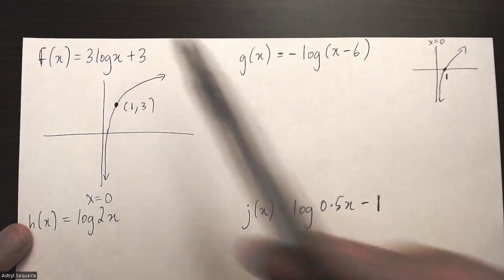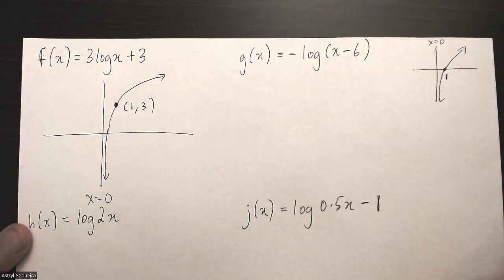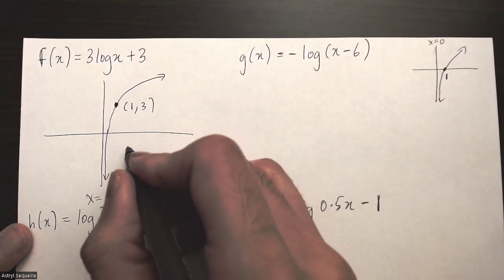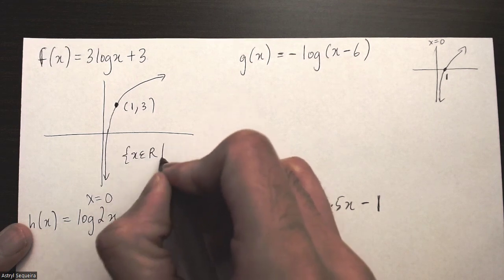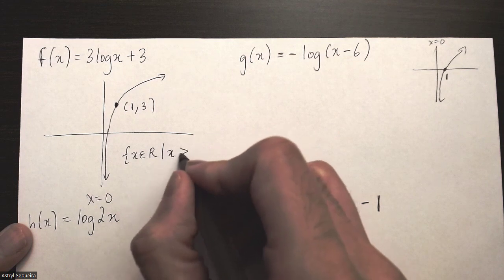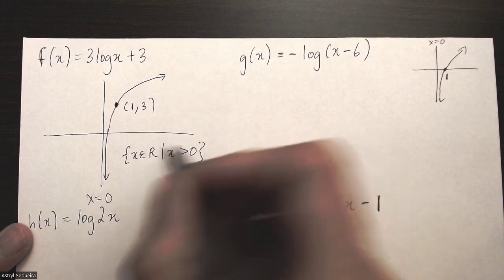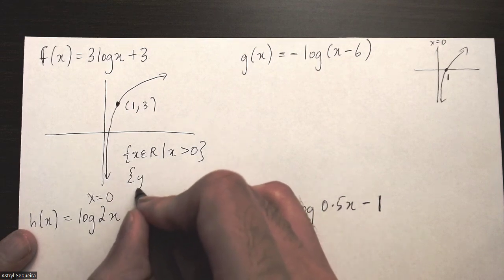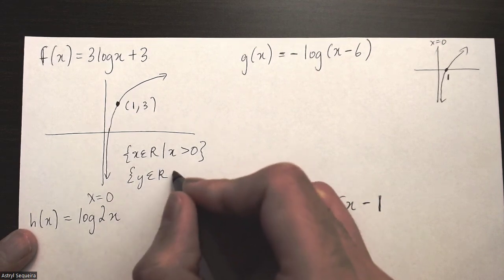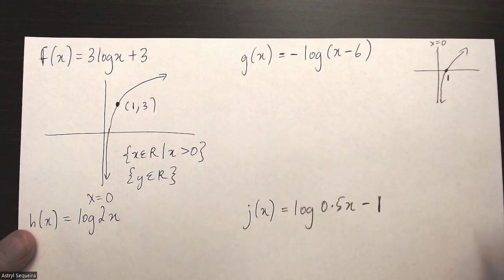It was just shifted up 3 units. So my domain for this function is x is an element of all real numbers such that x is greater than 0, just greater than my vertical asymptote. My range for all log functions is just y is an element of all real numbers.